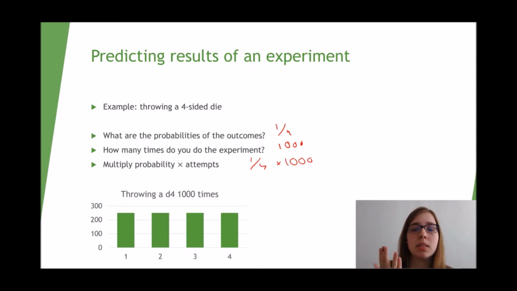And that is what that probability tells me. My probability doesn't tell me that for every 4 rolls it's going to be 1, 2, 3, and 4, but for 1,000 times it does divide itself pretty nicely. And that way we can have an expectation. This is my expected result.